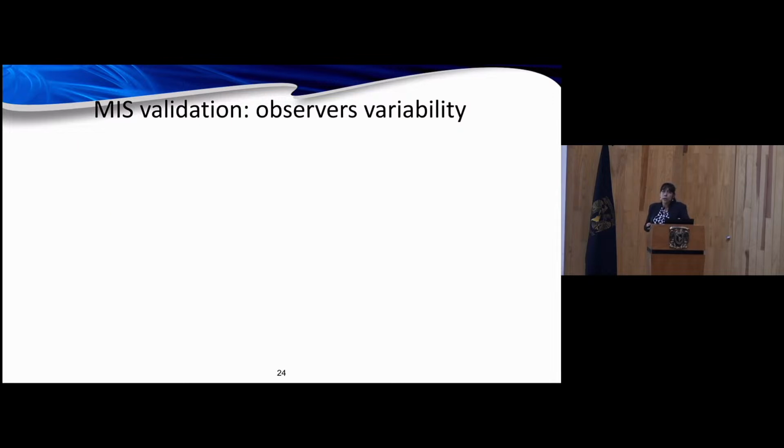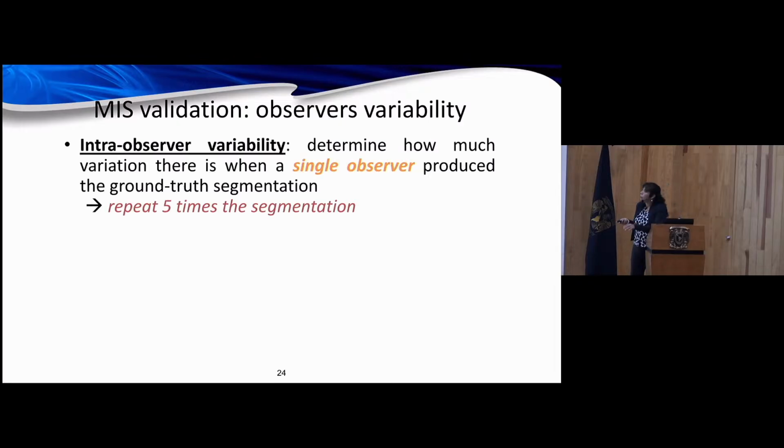algorithm, and also as nowadays with deep learning, we need a lot of annotations. This is getting complicated because we want these annotations from clinicians. And the problem is that we also have intra-observer variability. I'm going to show you an example of them. A single observer is doing this segmentation, no?